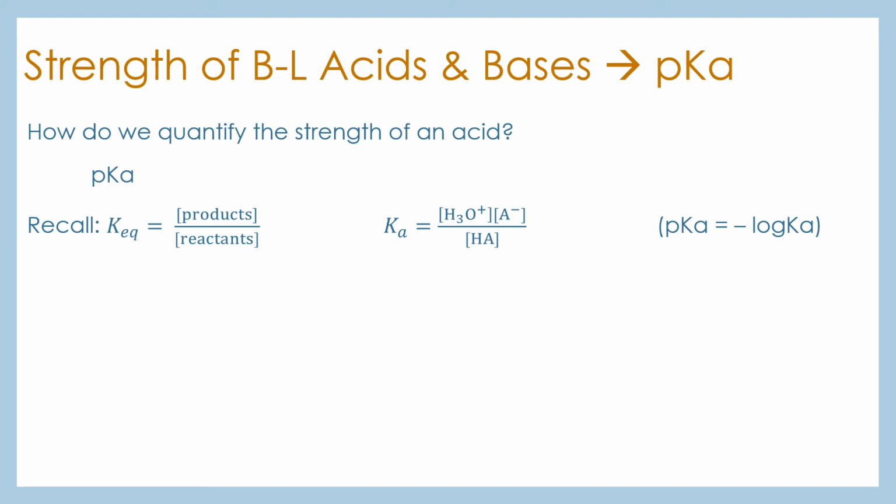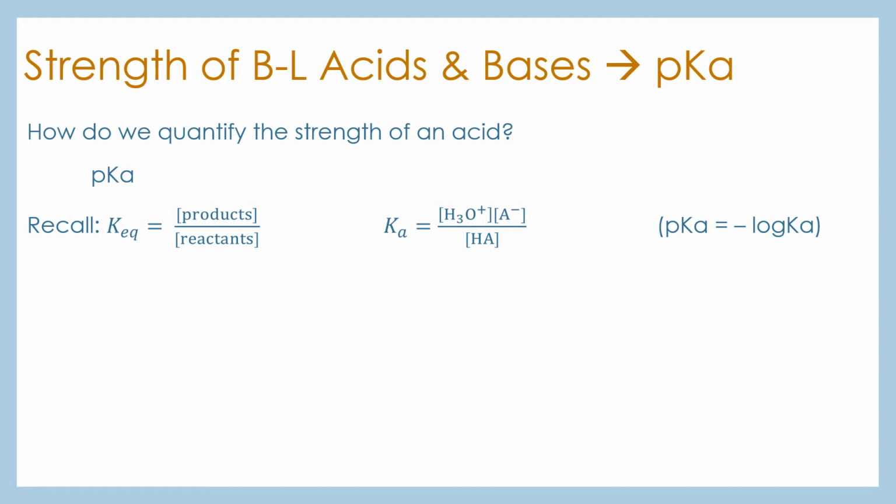Recall that the reaction constant, the equilibrium constant, is equal to the concentration of the products over the concentration of the reactants. For a Ka, which is the acid dissociation constant, you have the concentration of hydronium times the concentration of the conjugate base over the concentration of the acid.